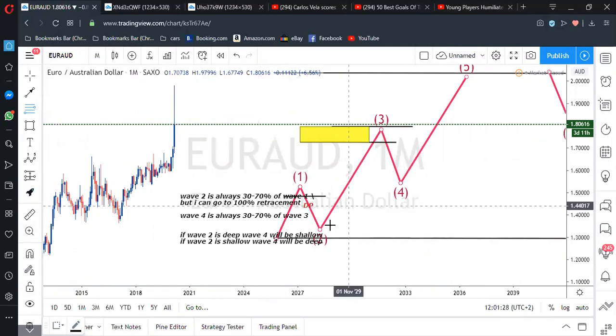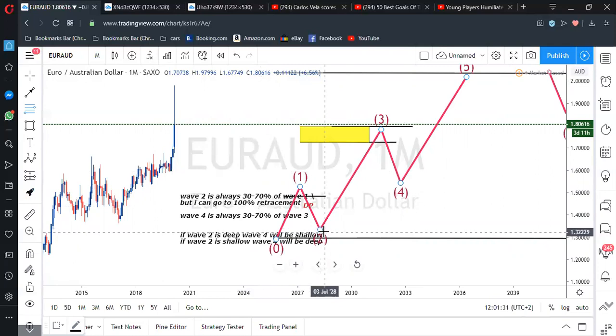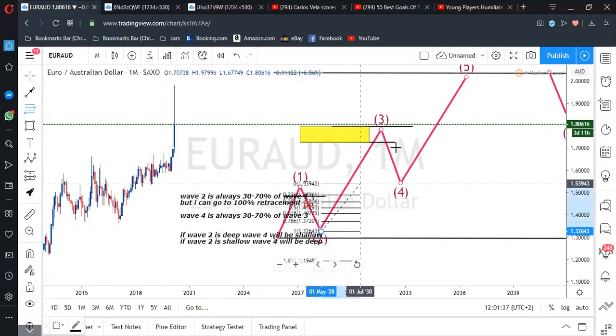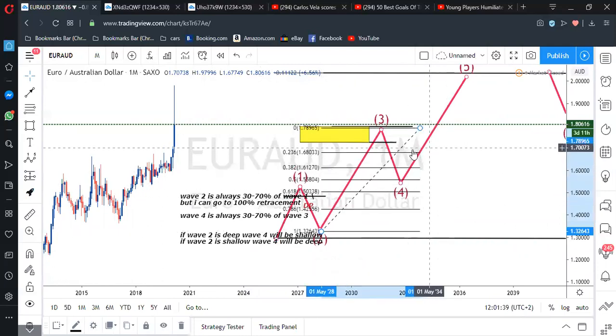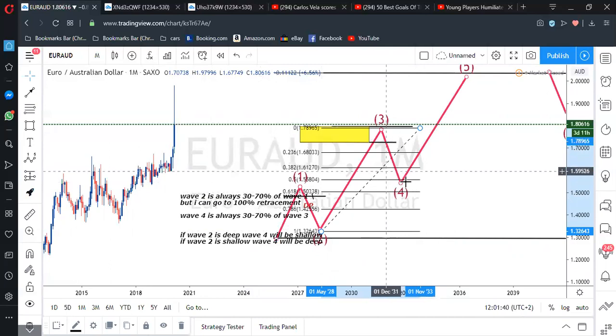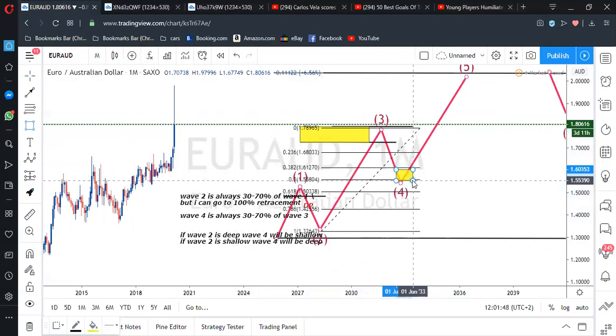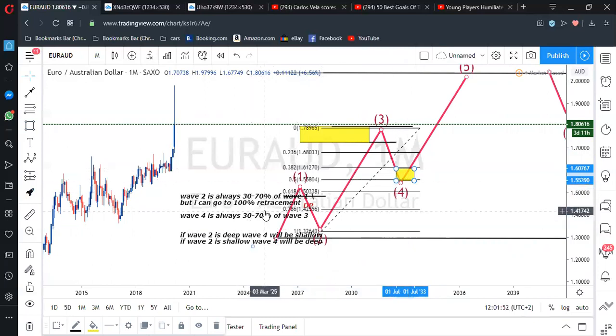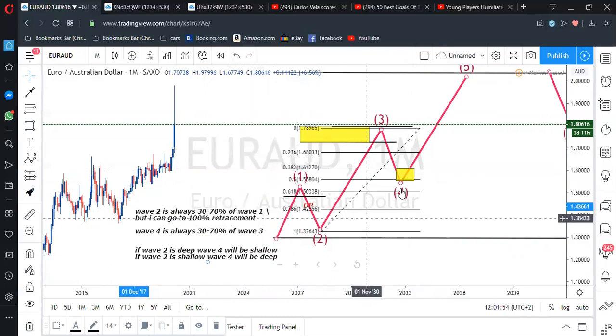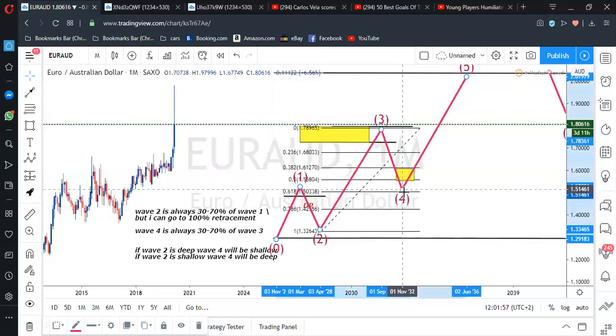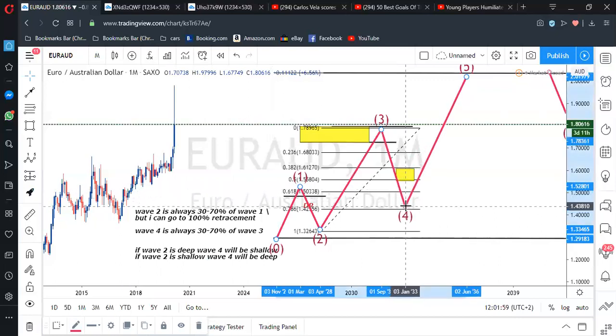So we take it from the bottom of wave two because we're just trying to measure the retracement of one wave. The bottom of wave two to the top of wave three, and you see it ended here around the 50. So we usually expect price to start turning at this zone, at the 50, because we know that in the book it says 30 to 50%, but sometimes it can go even deeper to here or even here.